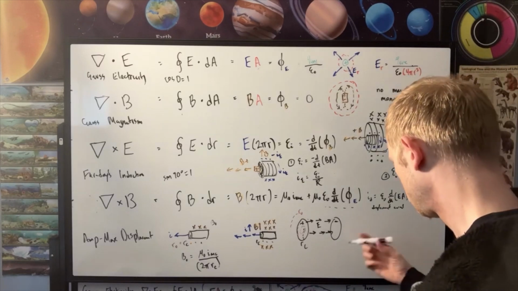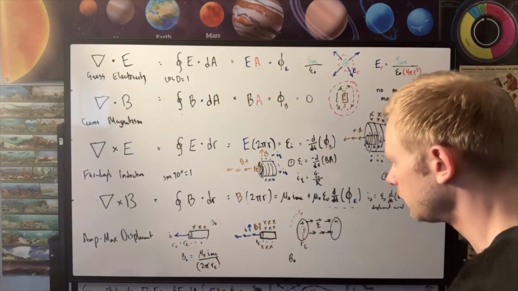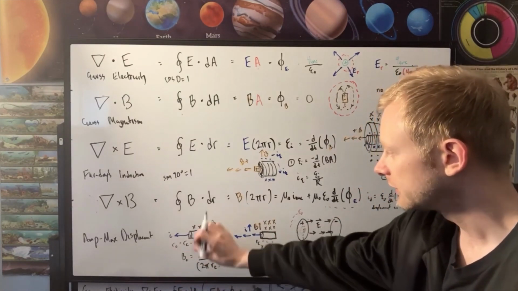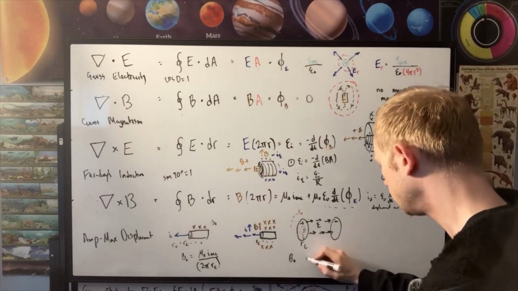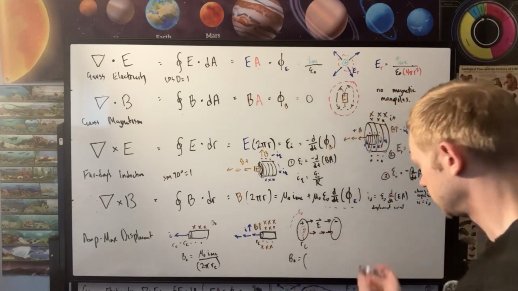So basically, if you're trying to calculate what that magnetic field is at those particular points, just like we did before, here I just said R naught is equal to RC. That's on the perimeter. But let's say you wanted to find the magnetic field inside the capacitor, you'd have to use this formula.